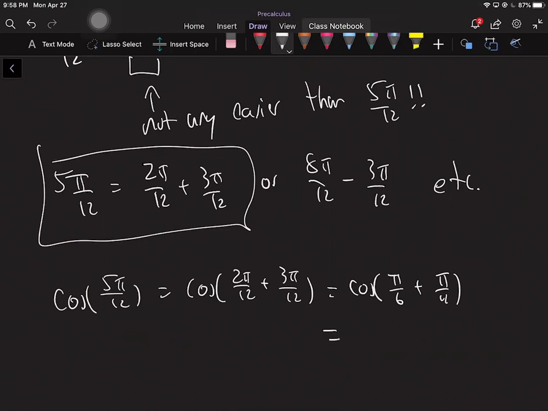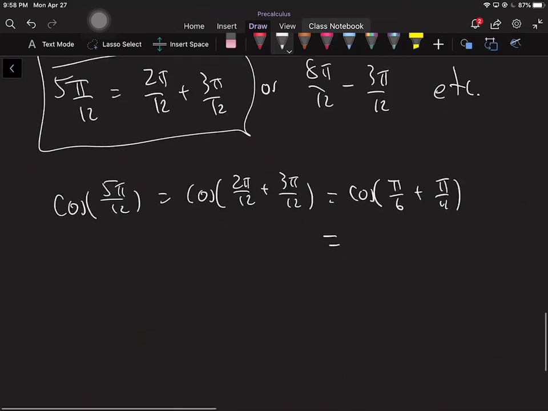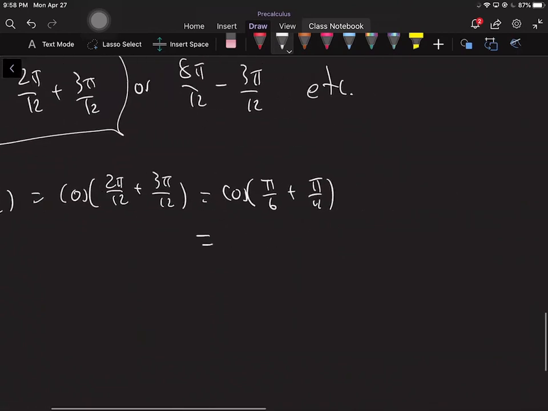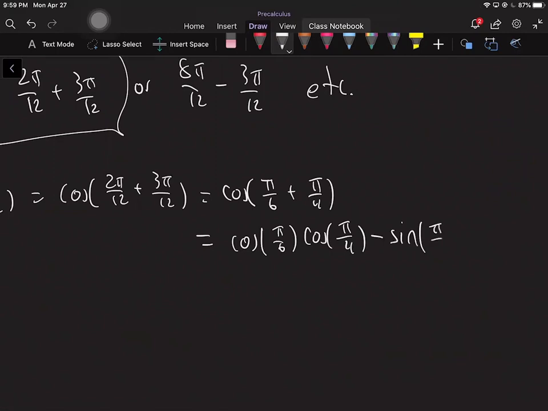So my new trig formula tells me, and again, you won't know this immediately because we haven't used it enough, but I have it to look at. So cosine of the sum of two angles is cosine of the first times cosine of the second minus sine of the first times sine of the second. Okay, and then we can just compute these pretty quickly.